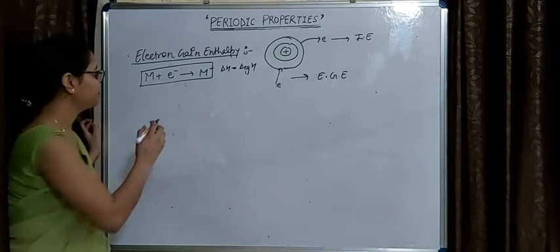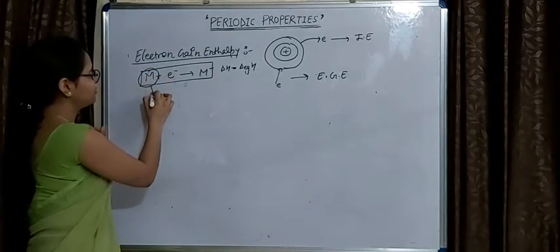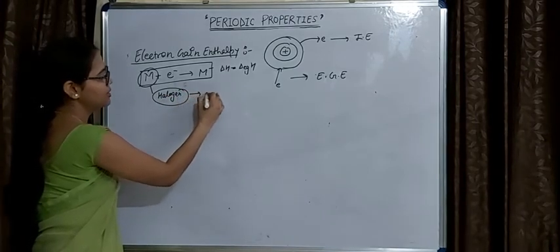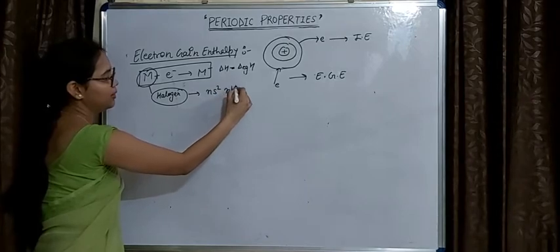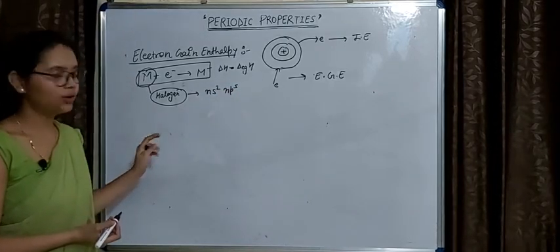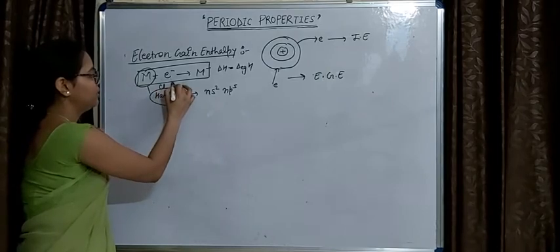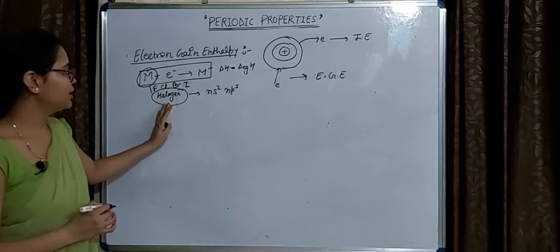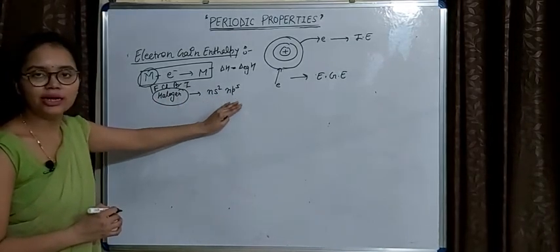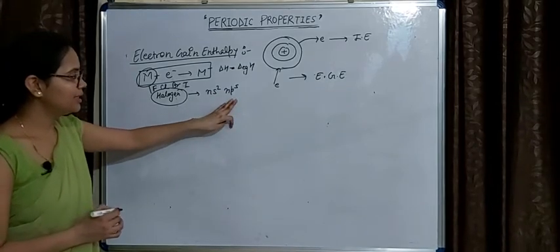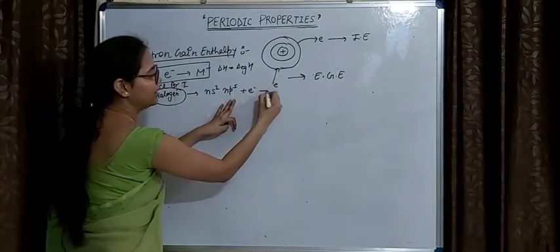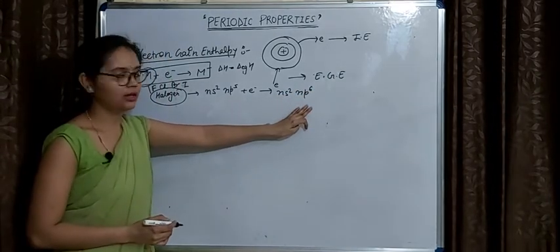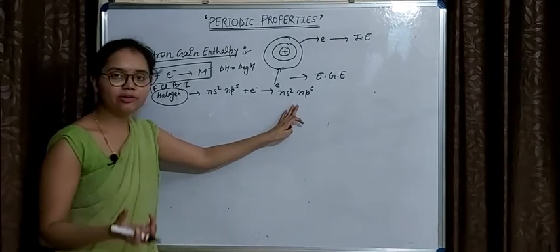Okay, for example, suppose I am using halogen here, so as we know that halogen represents ns2 np5 type of electronic configuration. Okay, halogen means chlorine, bromine, iodine, fluorine. So as you can see, after the addition of one electron, they will have the ns2 np6 type of electronic configuration, and this electronic configuration is stable configuration.